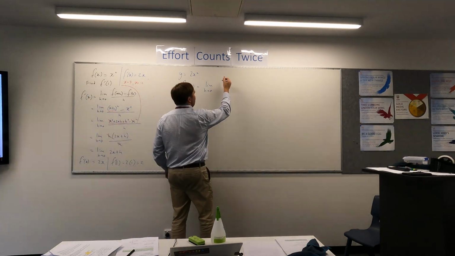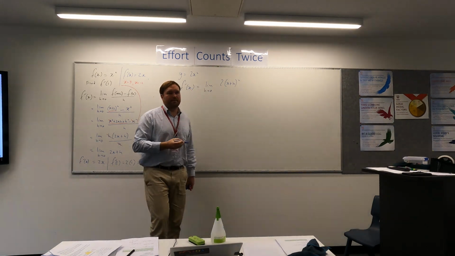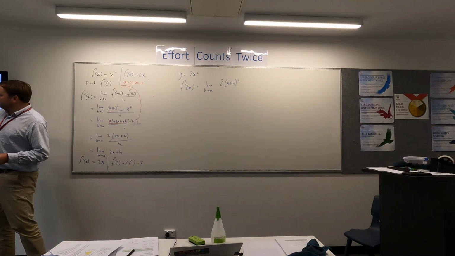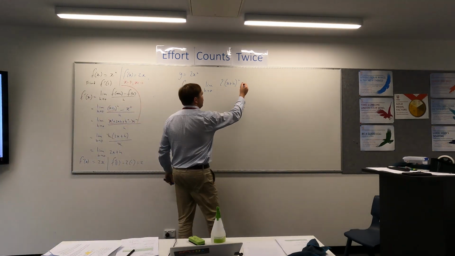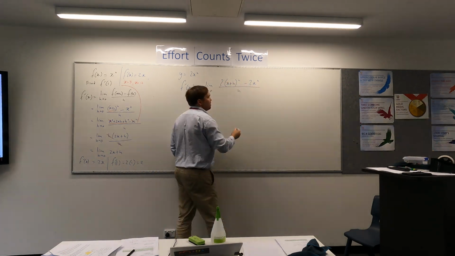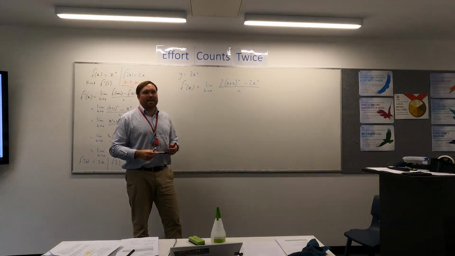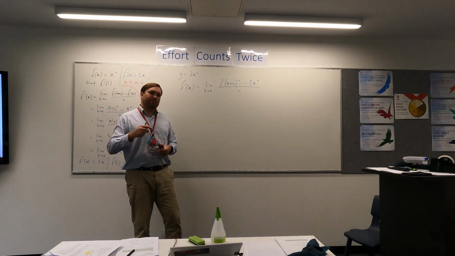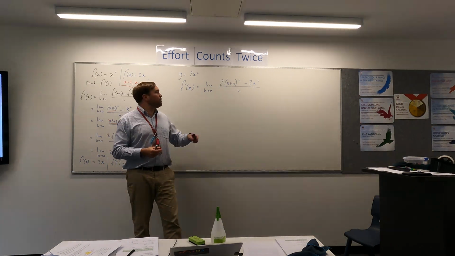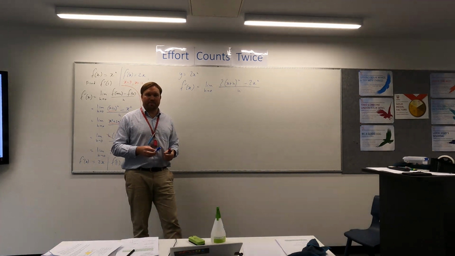So it will be 2 lots of x plus h squared, then take away f of x, so take away 2x squared, over h. And now the general plan from here is we expand, simplify, collect everything together, and we should factor out an h. Once we've factored out an h, then we can evaluate the limit, and that will give us our function, or our derivative.